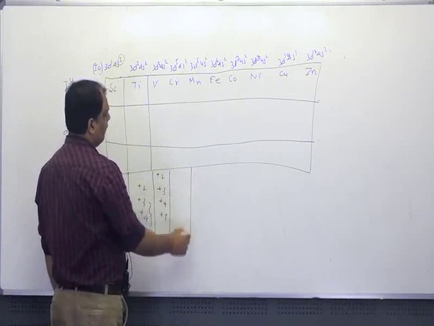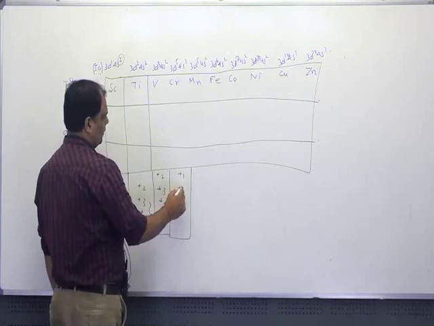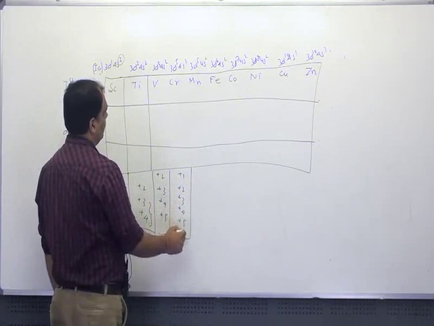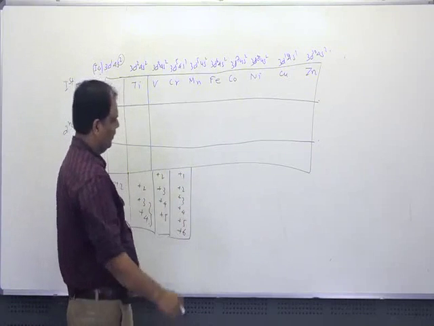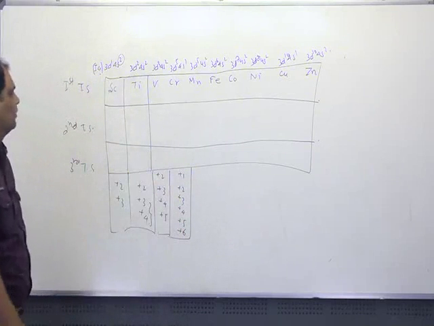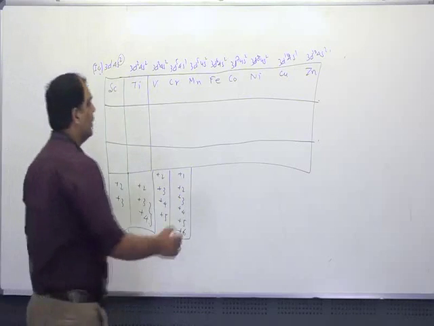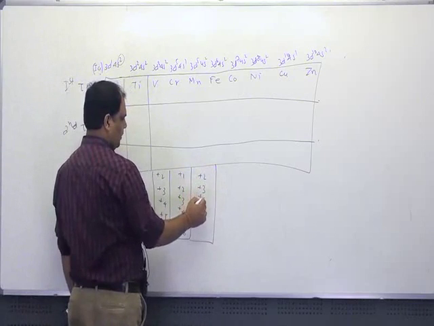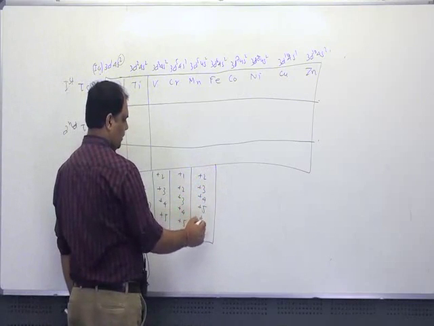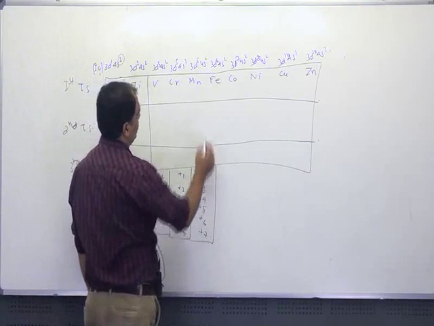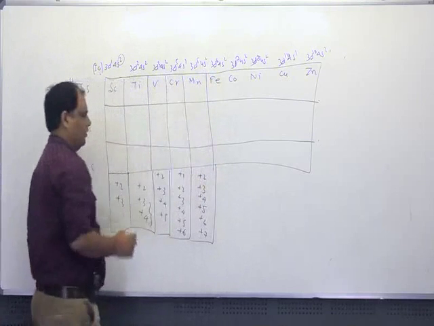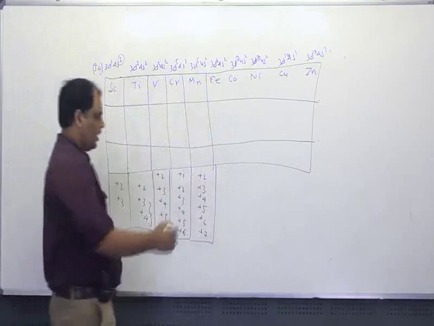Here we have +1, +2, +3, +4, +5 and +6. Here we have +2, +3, +4, +5, +6, +7, just Mn. This is the Mn group, this is the chromium group, this is the vanadium group.